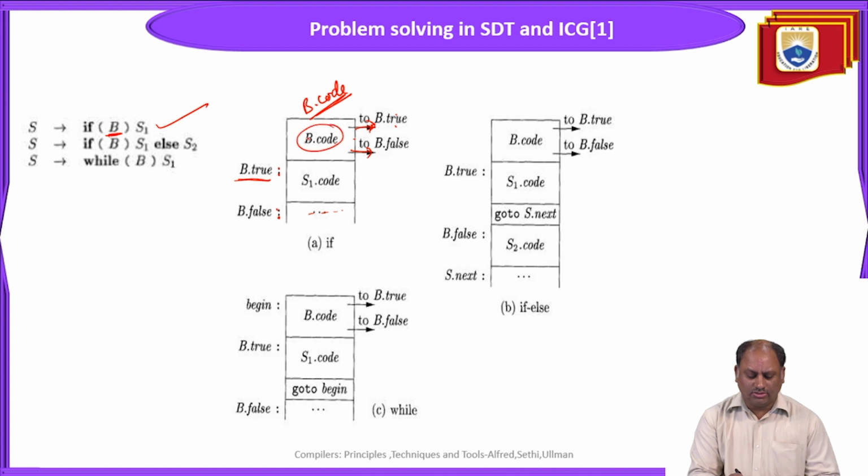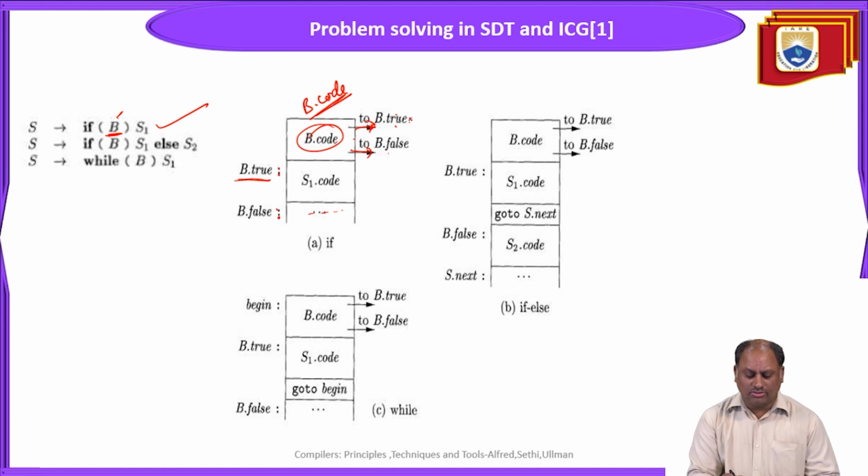So based on the code that is evaluated, here code means B dot code, which is the condition available as a Boolean expression. This Boolean expression is evaluated. Based on this, it may go to either this or this.